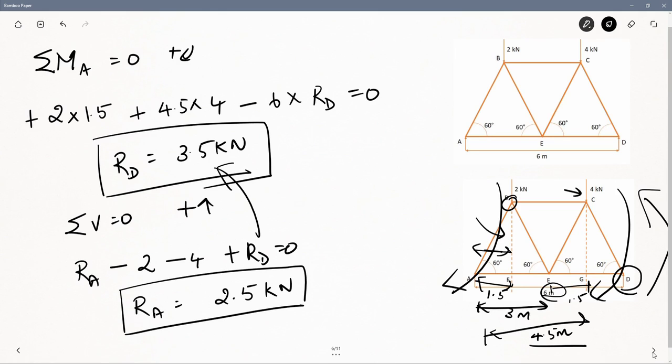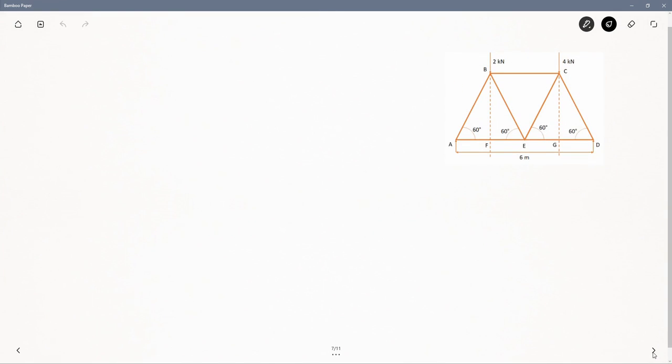Now we'll pick each of these joints and try to find their member forces individually. I'll start off with the joint A, where I resolve all the forces about the vertical axis. That is summation of all vertical forces equal to 0, with the forces acting upwards being positive. So my free body diagram first would be RA.